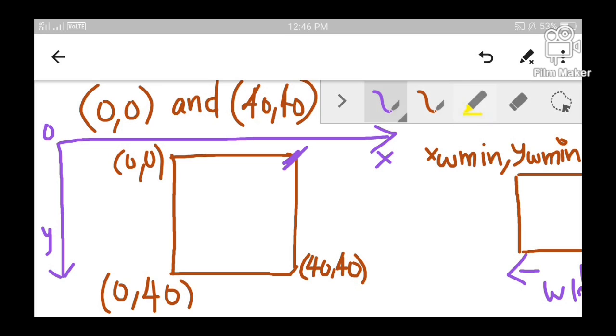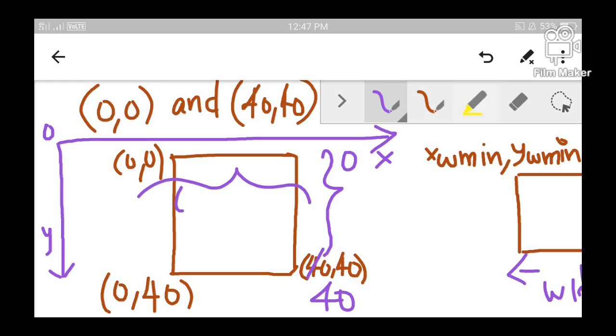Now what about this point? At this point, if this is the range of y, here y is 0 and at this point y becomes 40. Similarly, if this is the range of x, at this point x is 0 and at this point x becomes 40.